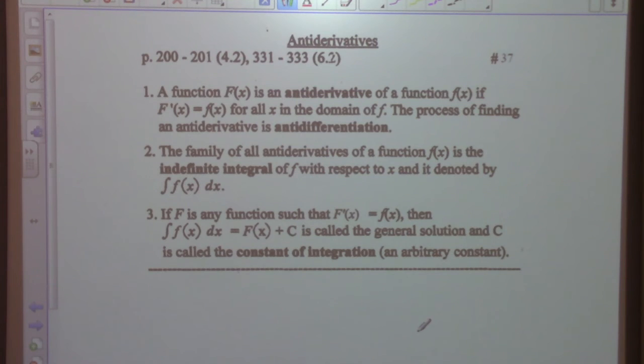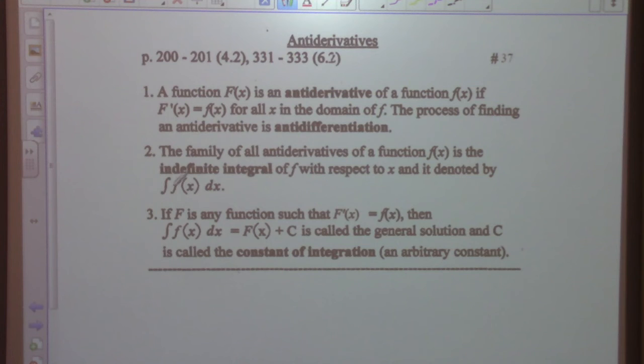And then part 2 here, the family of all antiderivatives of function little f of x is called the indefinite integral of f with respect to x, and is denoted by this integral symbol, f of x dx.